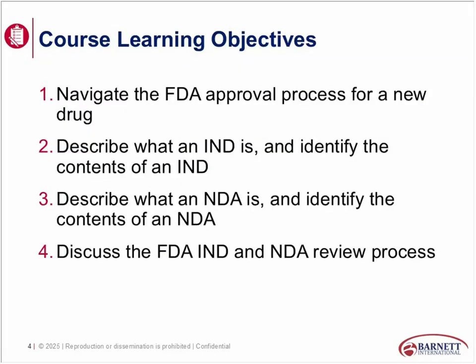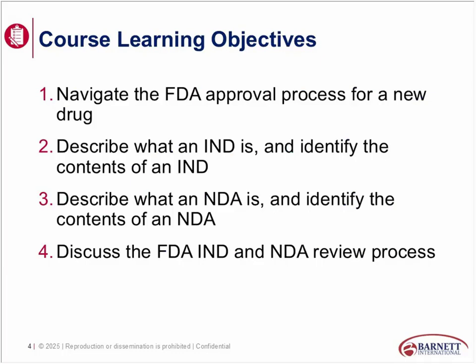So our learning objectives are to navigate the FDA approval process for a new drug, describe what an investigational new drug is and the application of an investigational new drug application, the contents of that initial submission and then subsequent submissions.